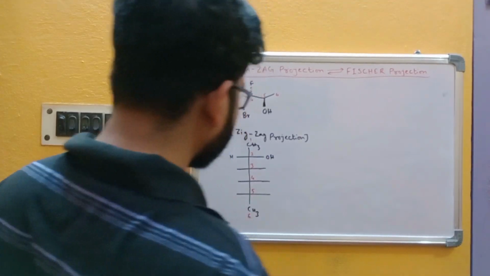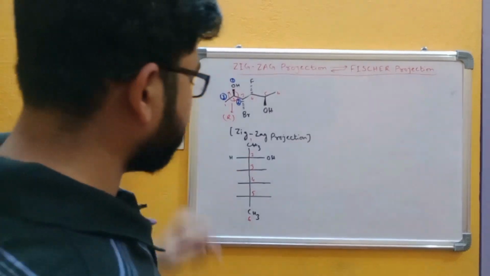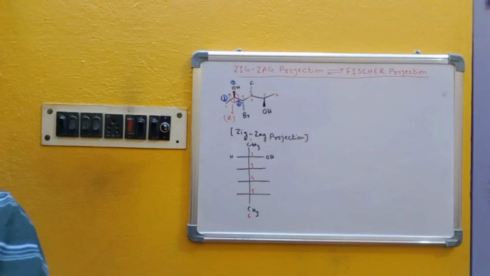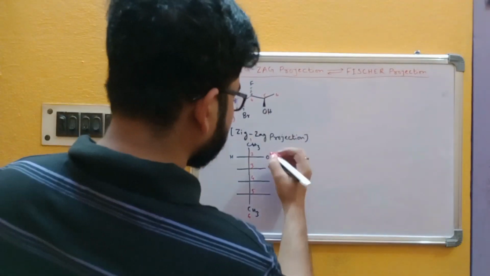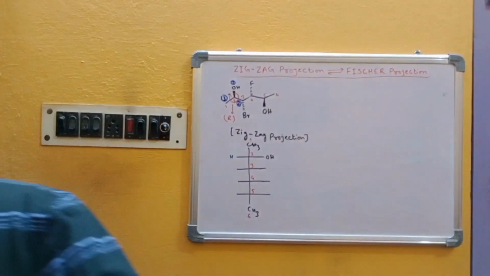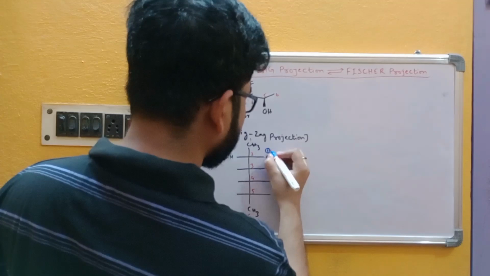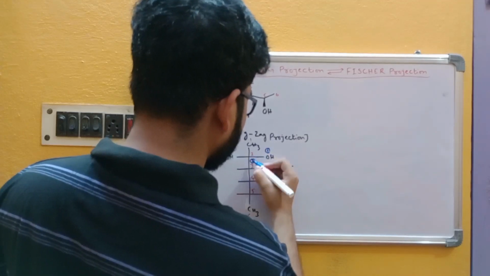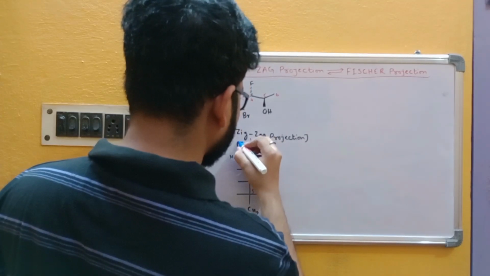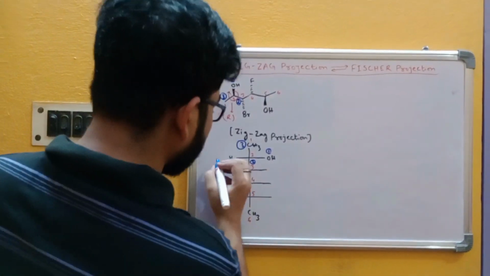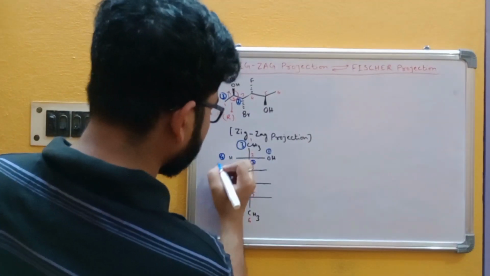Now we have to check the absolute configuration of this 2 numbered carbon. This has 1st priority, this has 2nd priority, this has 3rd priority, and this hydrogen has least priority, that is 4.